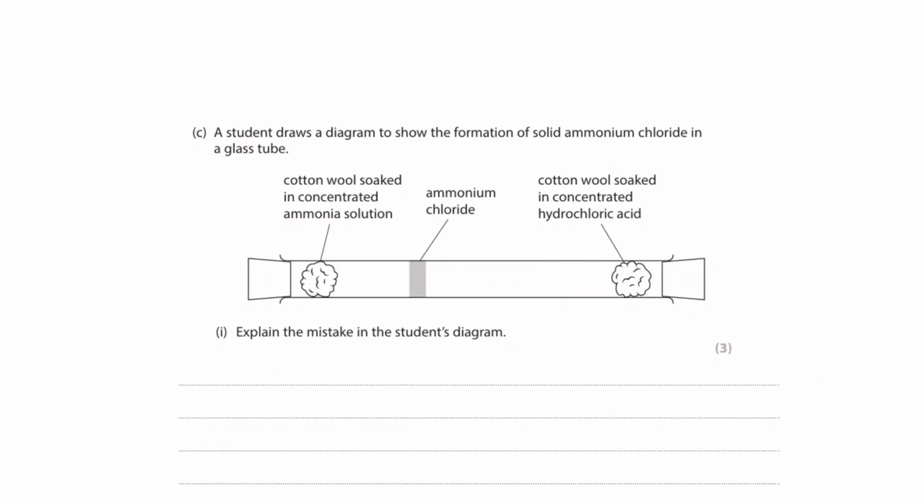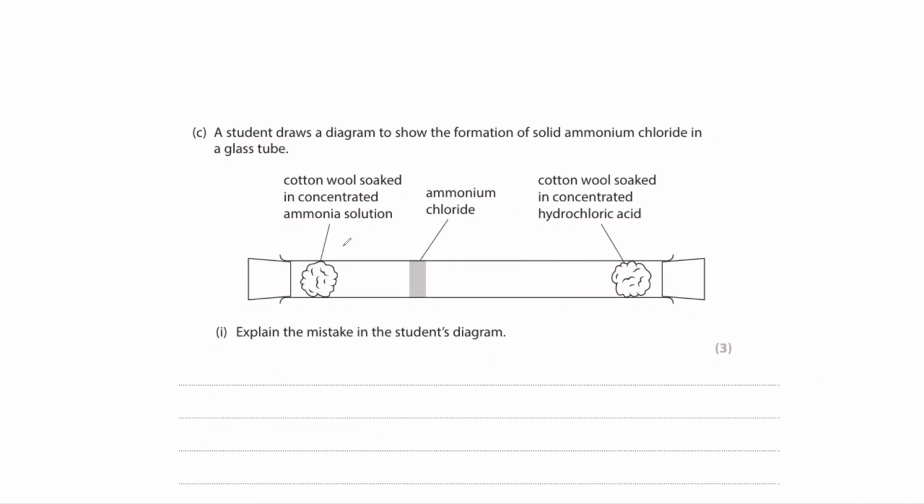A student draws a diagram to show the formation of solid ammonium chloride in a glass tube. Explain the mistake in the student's diagram. Okay, this is a very common question. It comes up in many years, so the same question comes again and again. Let's see about this one. So here we have ammonia solution.